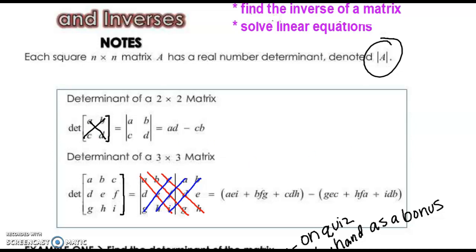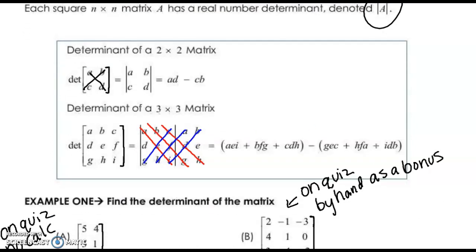Okay, so to find the determinant of a 3 by 3 matrix, we're going to have to rewrite the first 2 rows at the end here. So here is our original matrix, and then we rewrite those rows right here so we can multiply, because if you're going this way first, you're starting A times E times I plus B times F times G plus C times D times H. You're going to run off the screen if you don't have them rewritten.